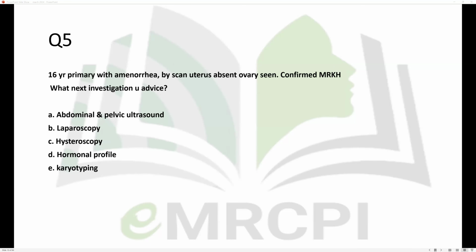The answer is correct, of course, but why do we advise it? Because renal tract congenital anomalies are associated with MRKH in around 40% of cases. So it's a recommendation after the diagnosis of MRKH that you also check for renal anomalies.